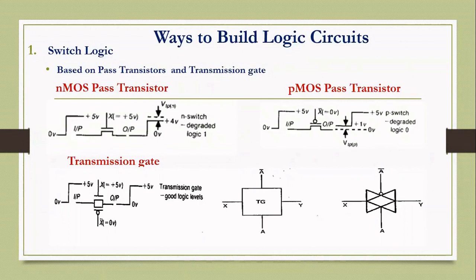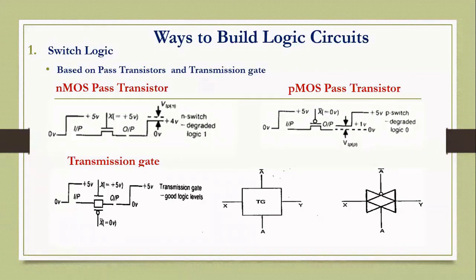Right? Next, we'll see how the PMOS pass transistor works. X bar is the control input for the PMOS pass transistor. Initially, we'll apply logic 1 for X bar, so that the PMOS pass transistor will be off. If it is off, then the output will be at a high impedance node.